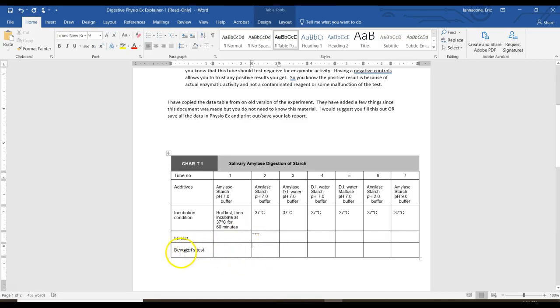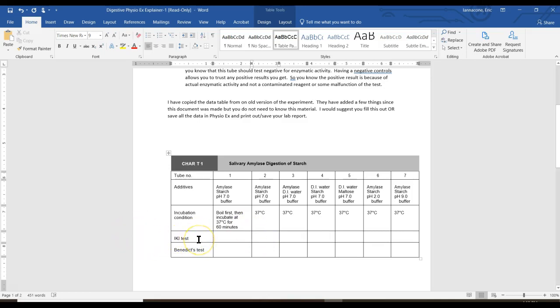And Benedict's is, I believe, blue before you do a test with it. After you perform the test, in the presence of sugar, Benedict's solution turns red. So that would be a positive result, meaning that there were sugars there.